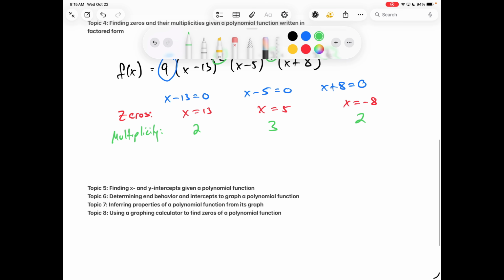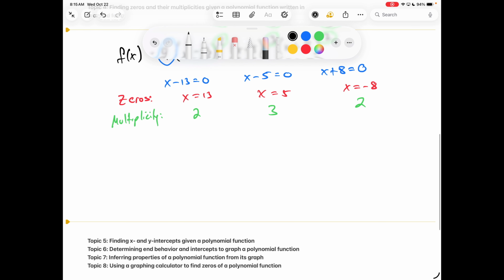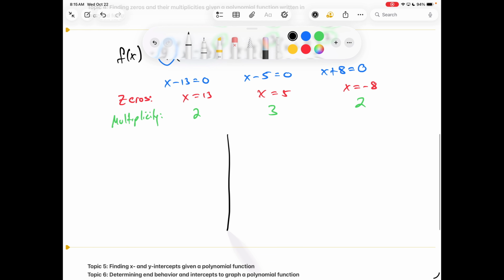So the rule here, and I don't think you have a topic on this, but I feel like it's something we should go over. If I were trying to graph this, I have x equals 13, 5, negative 8. Okay, so these are my x-intercepts.